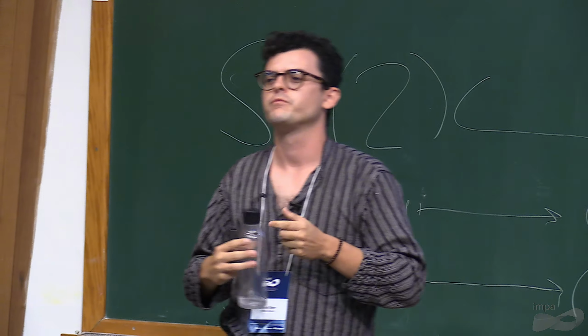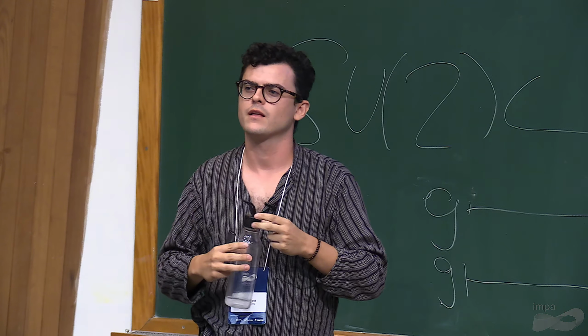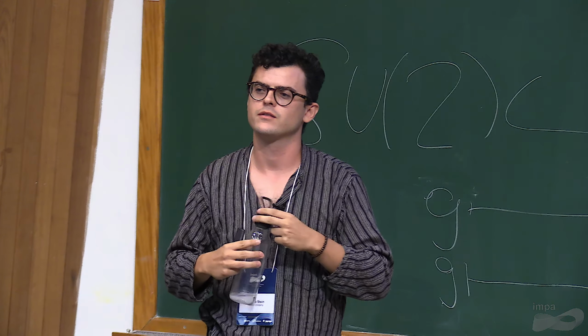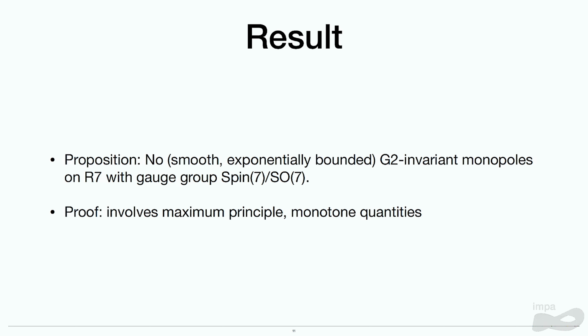From Yang-Mills to holonomy. The holonomy equations are a one-dimensional reduction of Yang-Mills, but the solutions that are finite action on R3 are infinite action there.